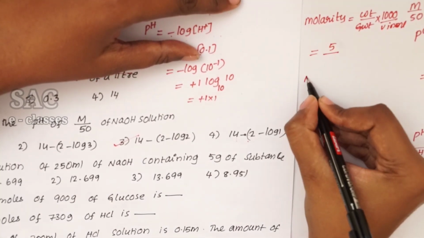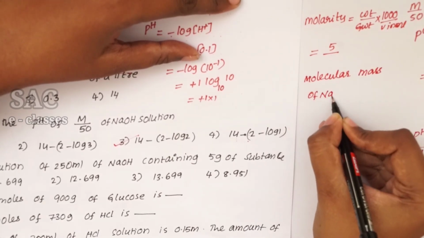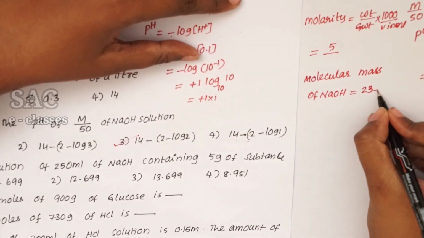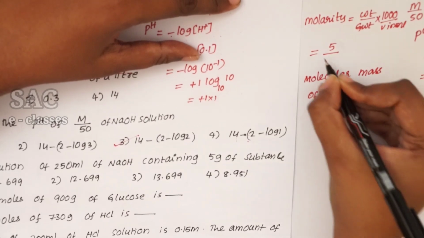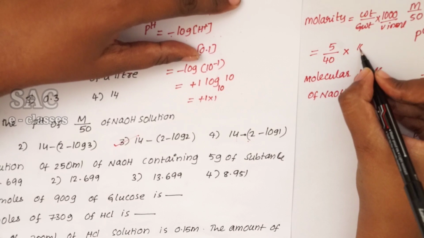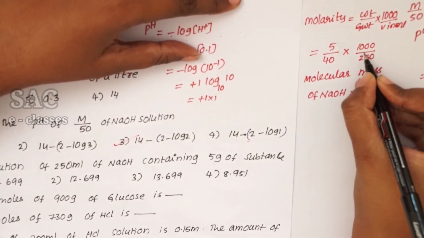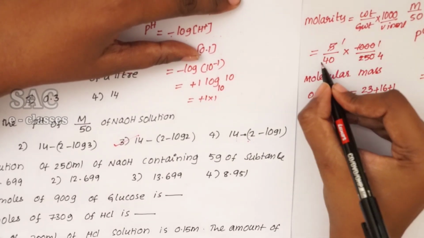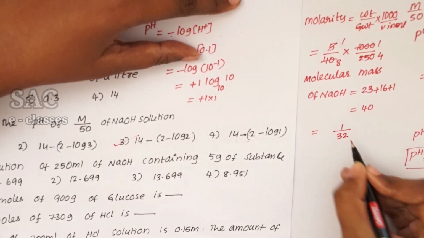The molecular mass of NaOH is sodium 23, oxygen 16 and hydrogen 1, totally 40. So 5 by 40 into 1000 by 250. 1 time 4, 1 time 8, then 1 by 32.